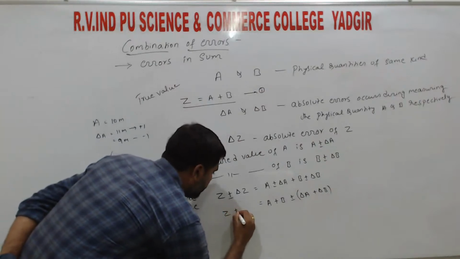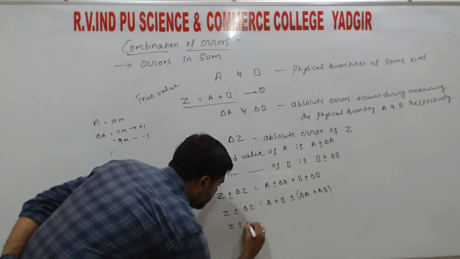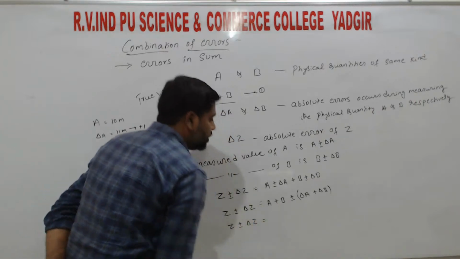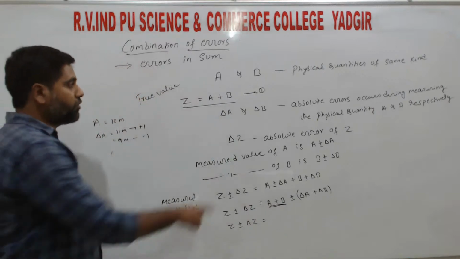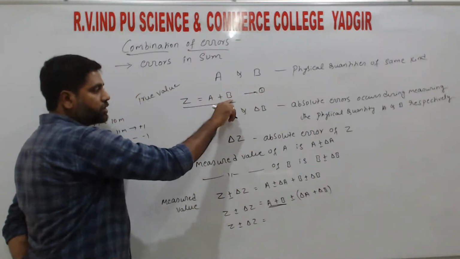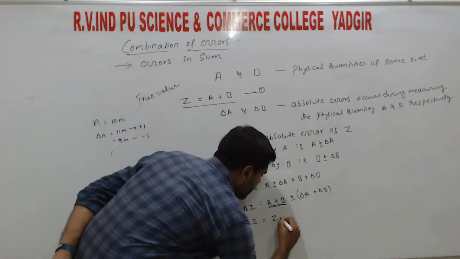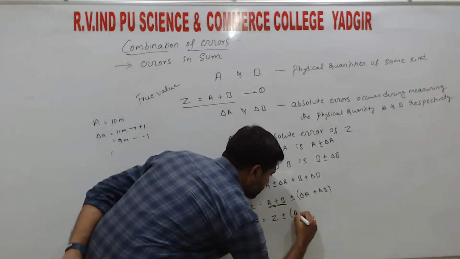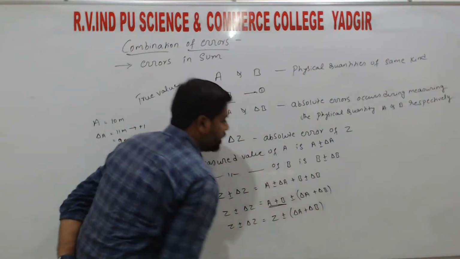So Z plus or minus delta Z, right? So here also Z plus or minus delta Z equals, in place of A plus B, from the first equation, we can replace it with Z, right? So Z plus or minus delta A plus delta B, right?